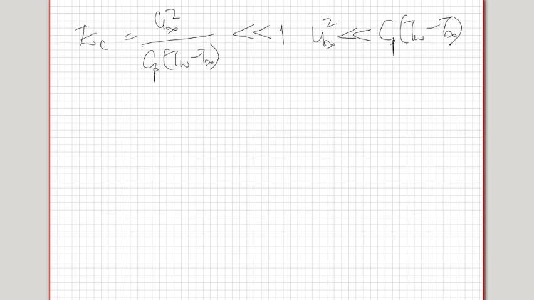What does this mean? I can understand this in some form as the kinetic energy of the flow, because U infinity squared by 2 would be the kinetic energy of the free stream flow. If this kinetic energy is much less than the Cp delta T, then the changes in kinetic energy would not contribute to the changes in temperature. Or if it contributes, it will be negligible.